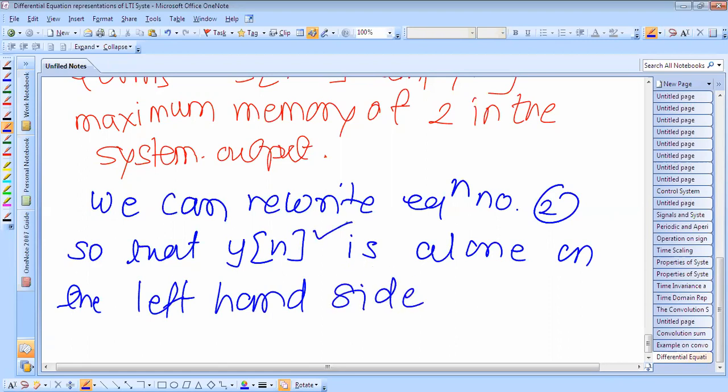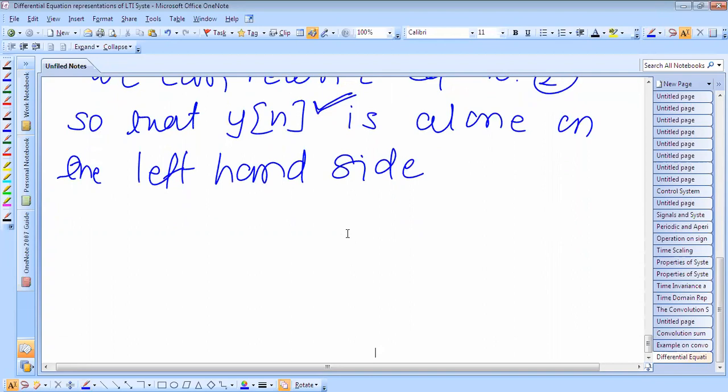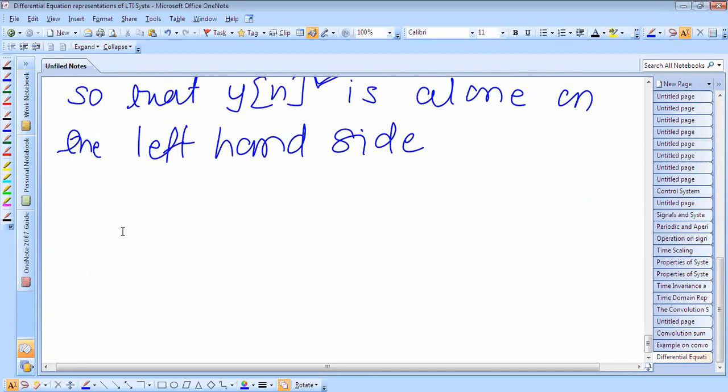If y of n is kept on the left hand side, that means that is the equation for the output. So by keeping the output on the left hand side, y of n is equal to 1 over a naught.